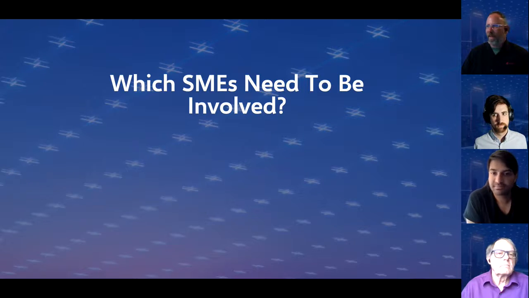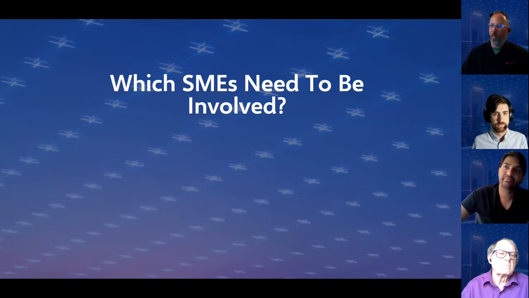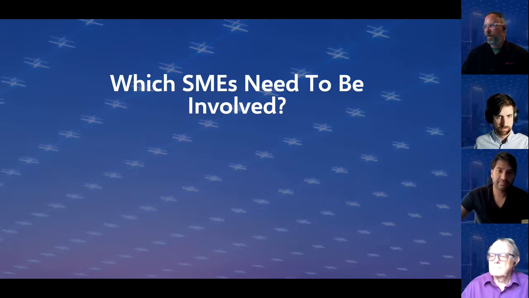The data set owners. So when you start thinking about what are our data sources, where do they come from? You've got to think about who owns that data and do we have permission to use it?